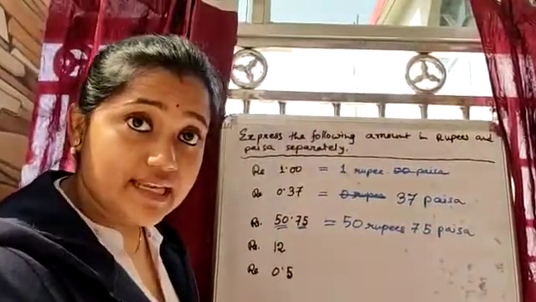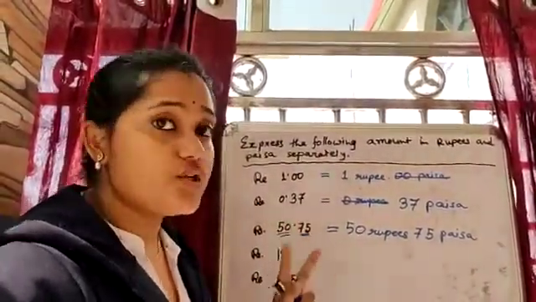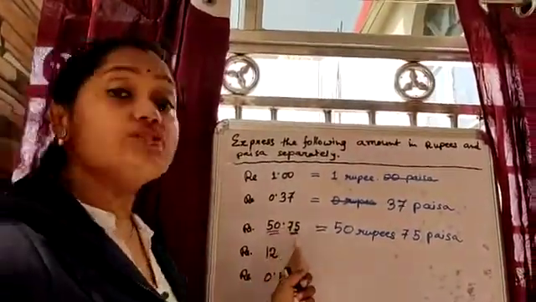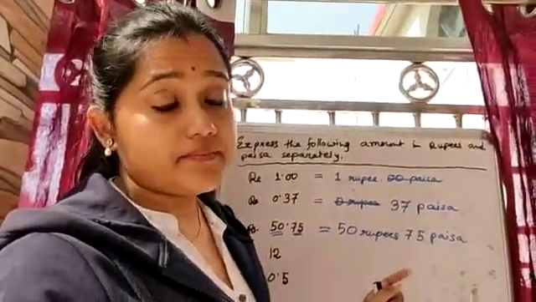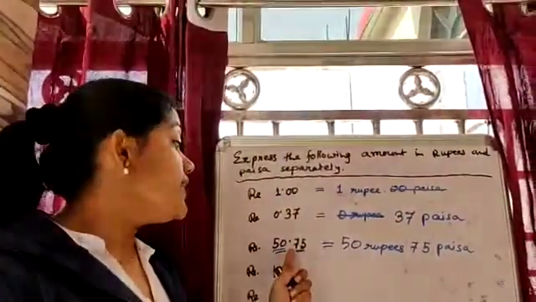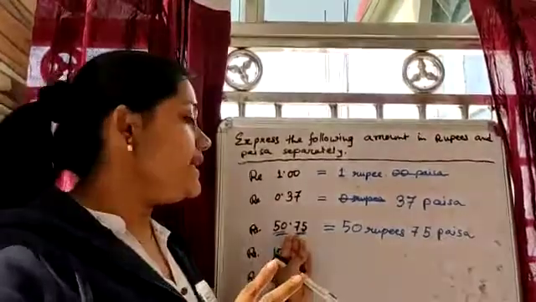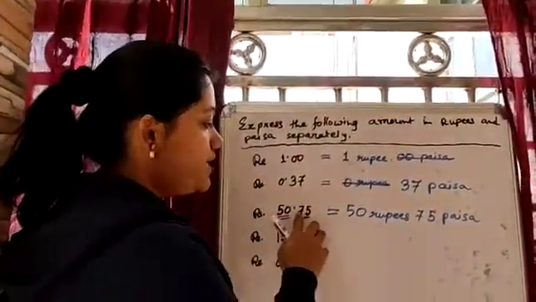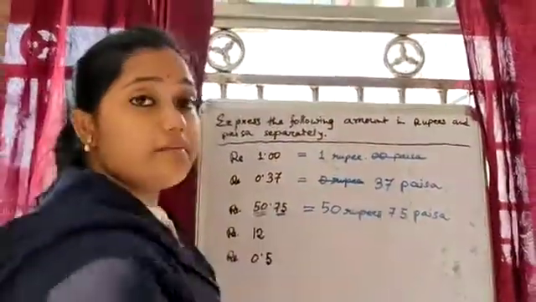Once again I am telling, after the decimal point, 2 digits should be taken for expressing the paisa. Here the 2 digits are 75, that is 75 paisa.